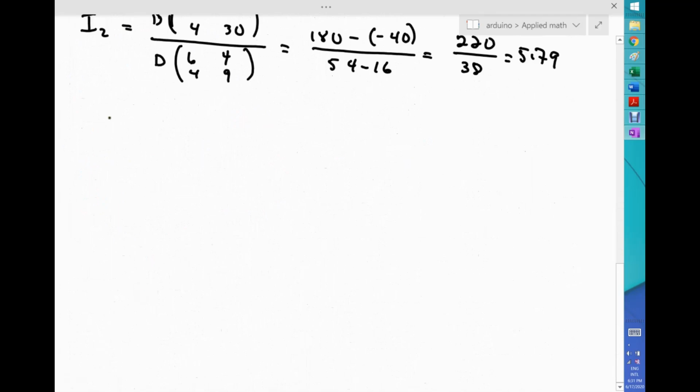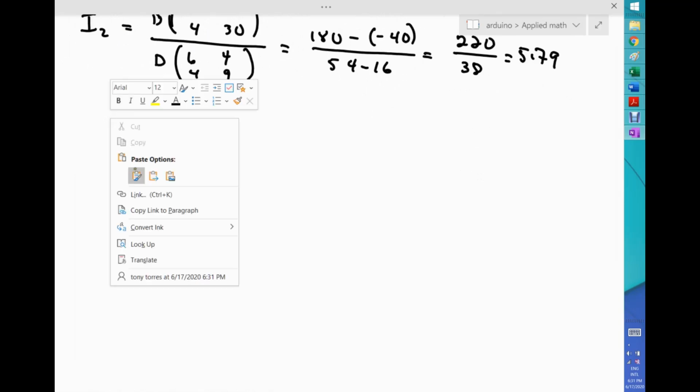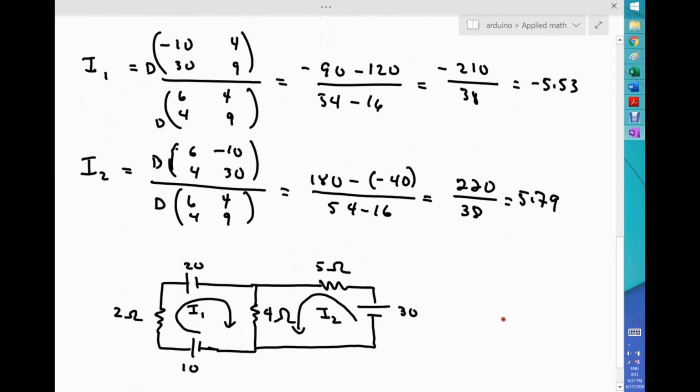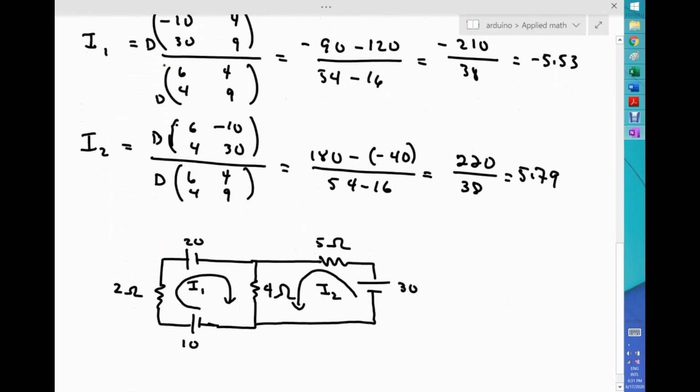So I have it here. The only thing you have to be careful about is that I1, the current direction, 5.53, is not this way. The actual direction is this way. That's all. So you put it right.